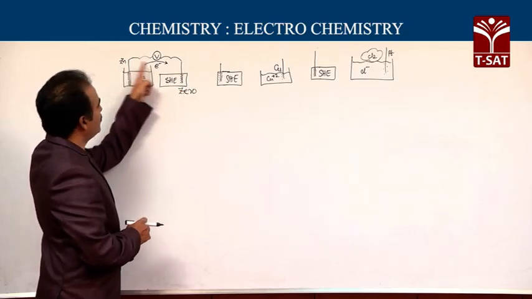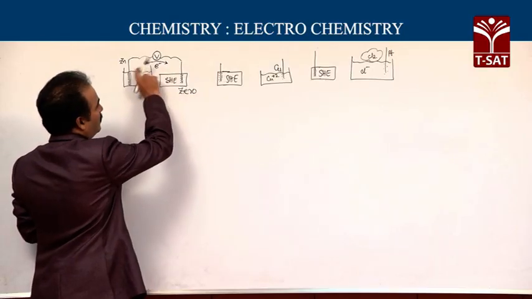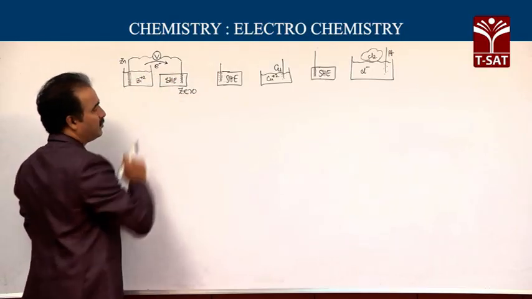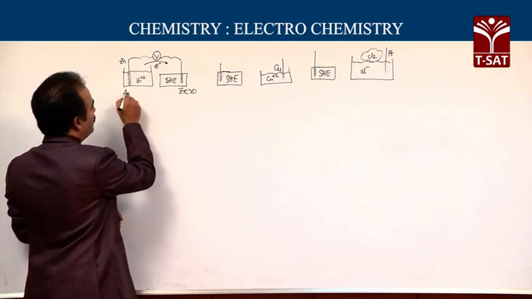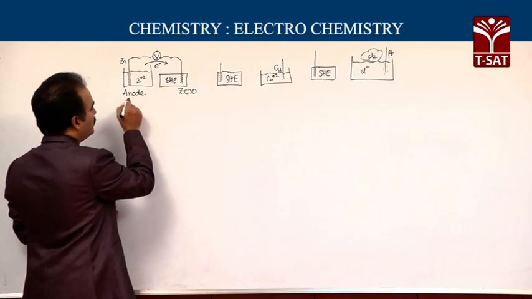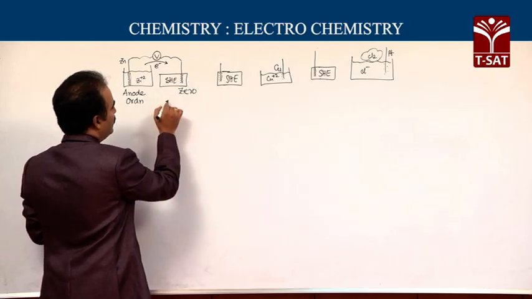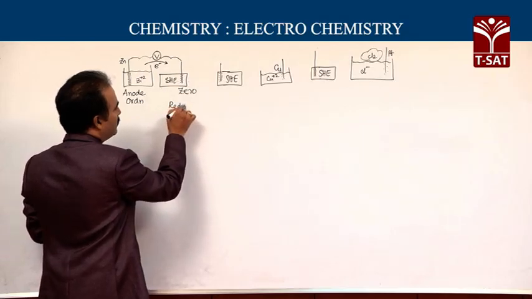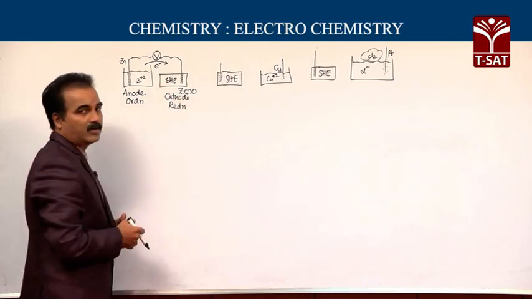Now, when you connect the zinc electrode to the standard hydrogen electrode, it is observed that electrons are flowing from the zinc electrode to the hydrogen electrode. This means that the zinc electrode is undergoing oxidation, acting as anode, and the hydrogen electrode is undergoing reduction, so it is said to be acting as cathode in this electrochemical cell.